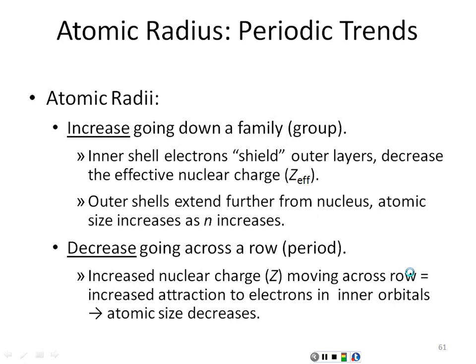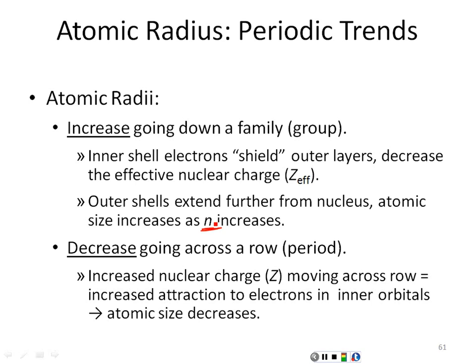So the more inner electrons you have, the better the shielding is, and the less tightly those outer electrons are held. So the outer electrons extend further and further from the nucleus, and thus the atomic size increases as n increases, as the principal quantum number increases.